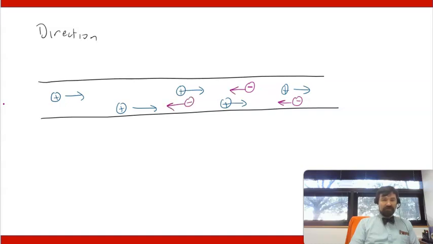Then the current direction will be in the direction that the positive charges are moving. So my current I would actually be in this direction. And that is true even though the negative charges are the actual existing electrons moving around in this wire.